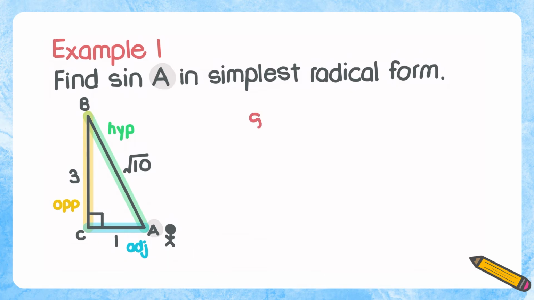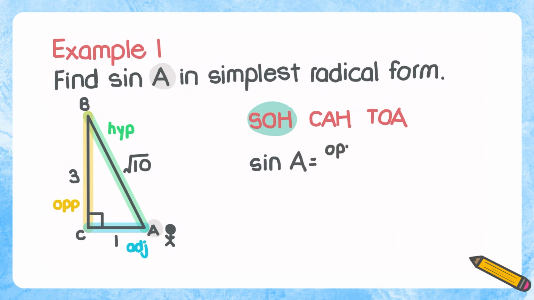So now let's find sine of A using the idea of SOHCAHTOA. So here we're just focusing on the first part of SOHCAHTOA. Sine of A equals the opposite side over the hypotenuse.